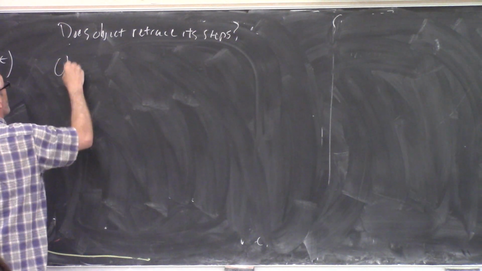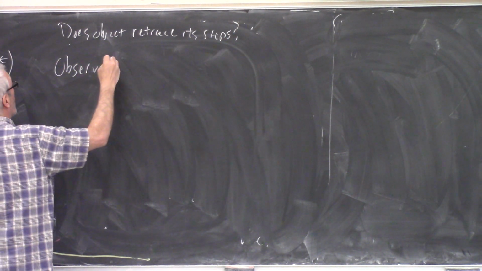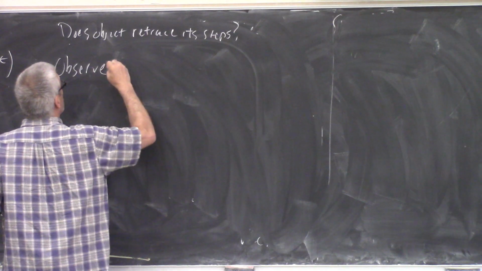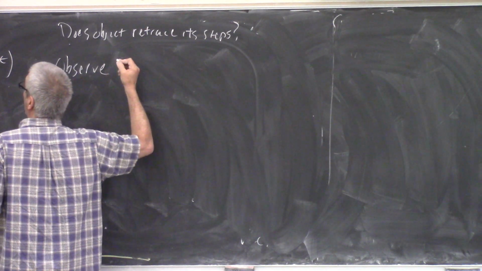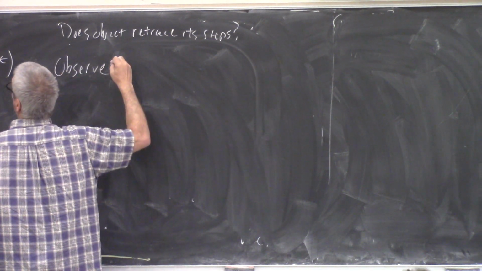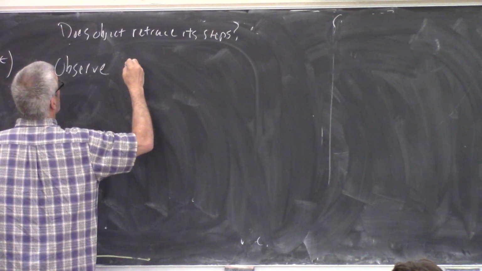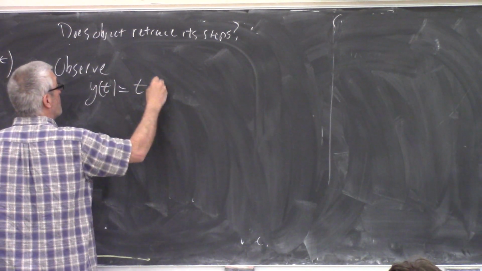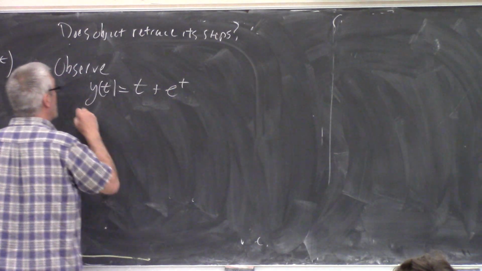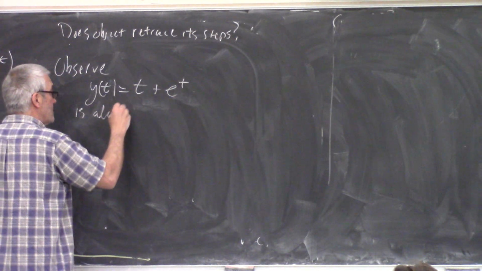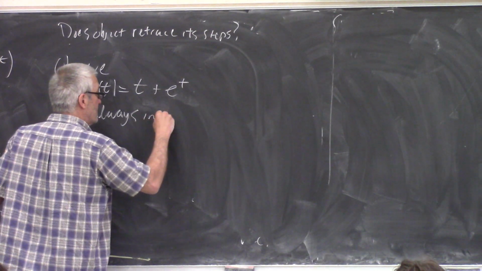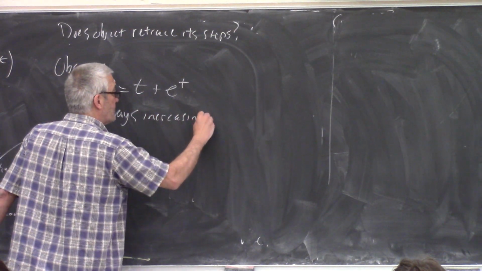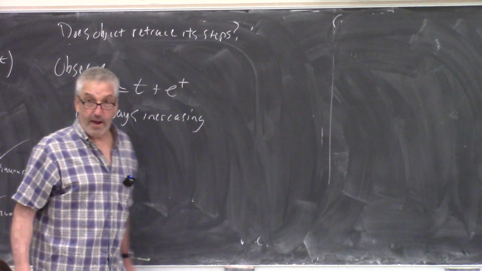So observe, again, this is why it's good to be in class, because somebody throws out an idea, and if it's not right, somebody else can fix it. And sort of learn from each other. So observe y of t equals t plus e to the t is always increasing. So there are no 2 points on the curve that have the same y value.